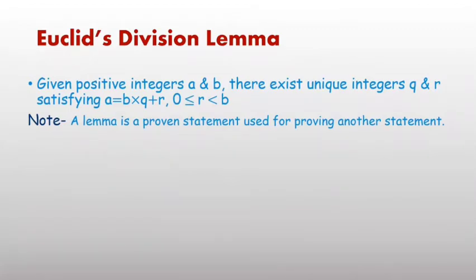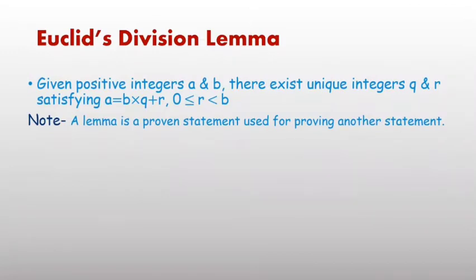When you have two numbers given, you can apply Euclid's division lemma and write a equal to bq plus r. The minimum value of remainder is 0 and the maximum value is less than b, means less than the divisor.